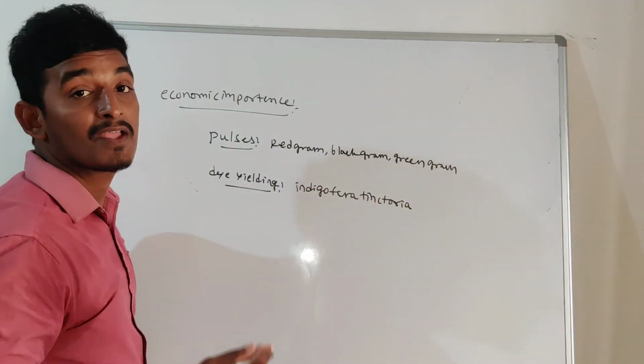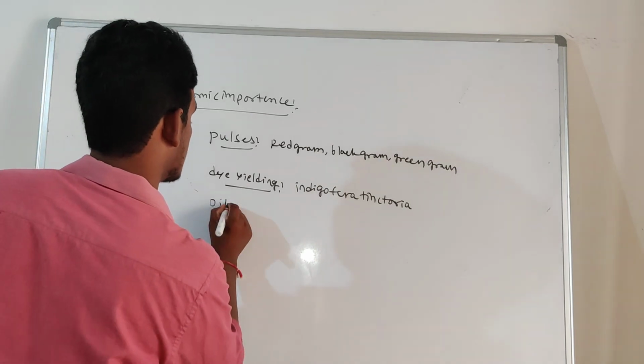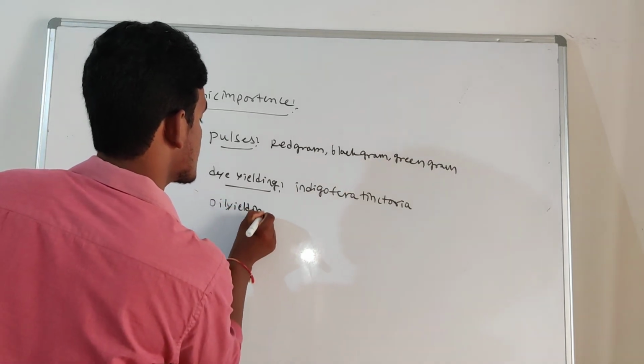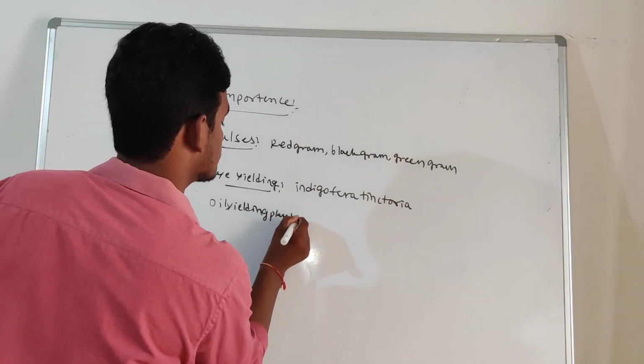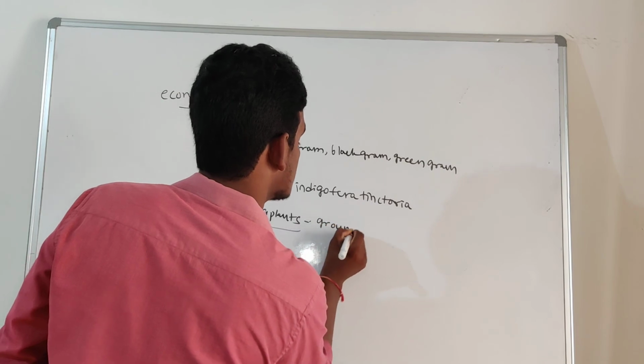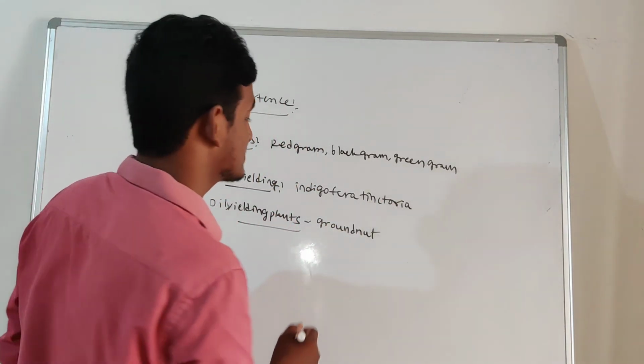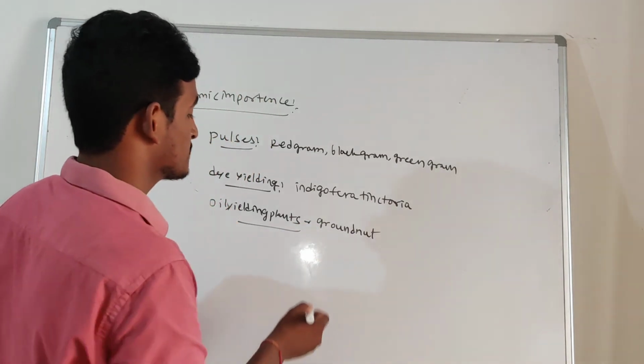So later about oil yielding plants. What are those? If you take Arachis hypogaea, groundnut, and Glycine max, soybean, that is used as a cooking oil.